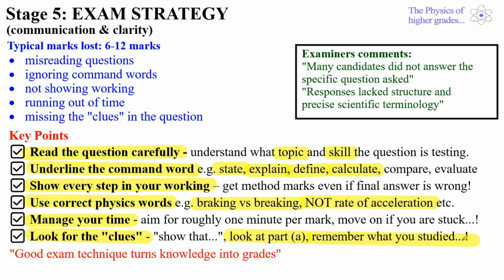They want to know, do you understand the course material? So you need to find a link between the question and what you've studied. So it goes back to the first one, understand the topic and the skill the question is asking. And this little summary here I think is very important, because you can know a lot of physics, but if you don't put it down clearly in a structured, ordered and timely way, which is good exam technique, then you will not get a good grade.